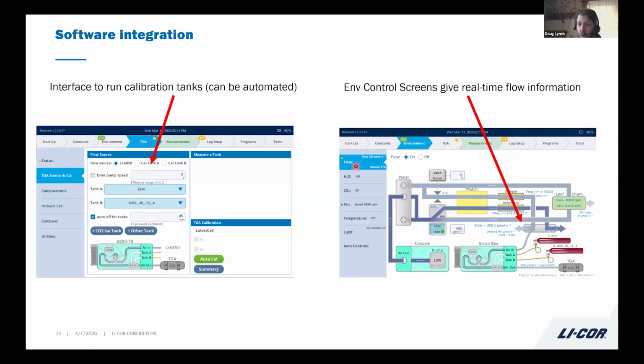You can see here in the flow screen, we have real-time information on where that flow is going, be it through that dryer box to your TGA. Again, we're sampling from the exhaust of that sample gas analyzer. So it's telling you if you have sufficient flow there, and that flow is actually moving towards the TGA. So it gives you some useful diagnostics.